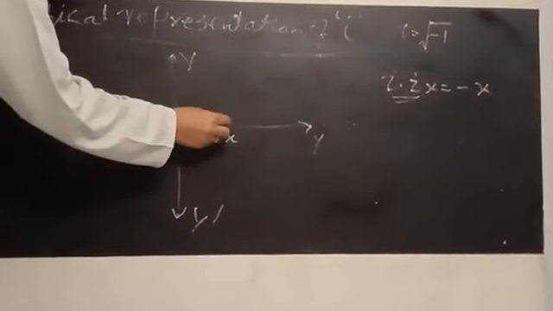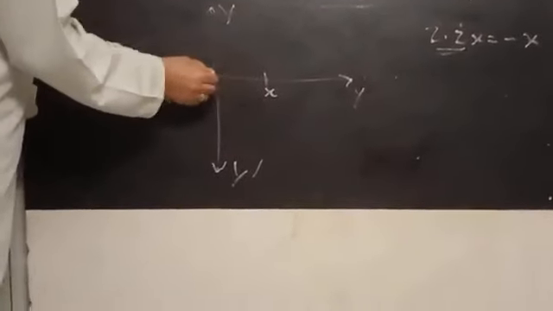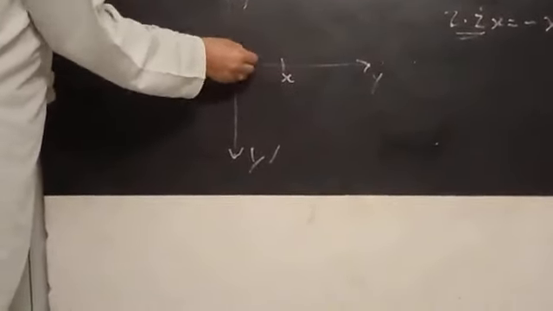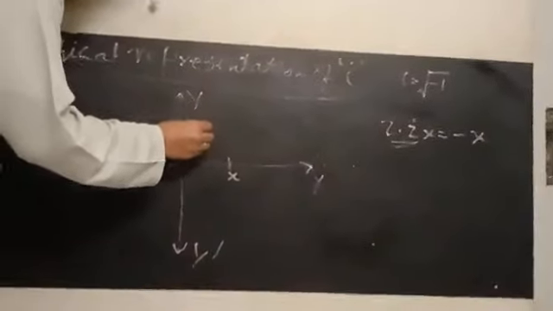It means multiplying any real number with iota 2 times, we get a rotation of original number by 180 degree about origin.